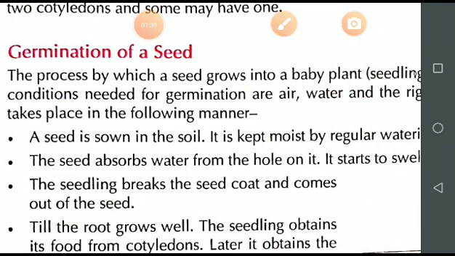And at the time of explaining the structure of a seed, I already explained what is embryo. Embryo is the baby plant. The part of a seed which develops into a new plant at the time of germination is known as embryo, and the outer covering of the seed is called seed coat.